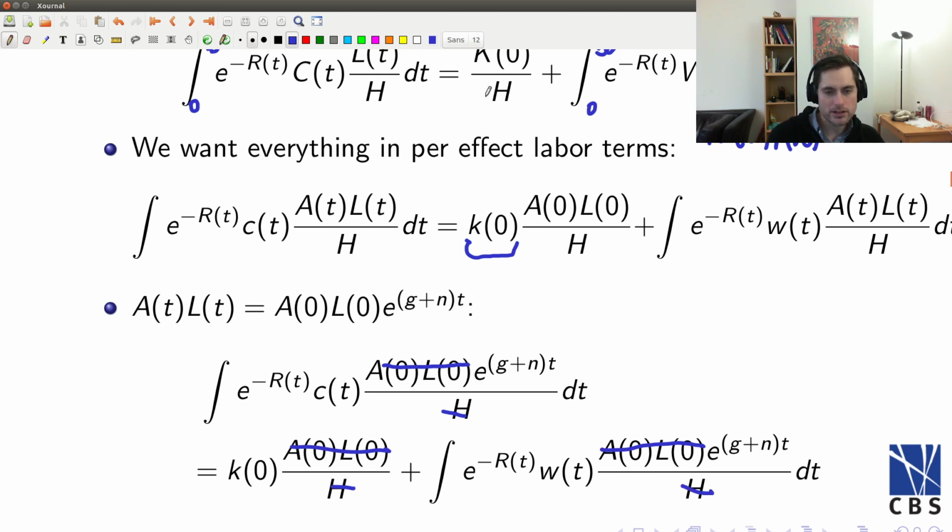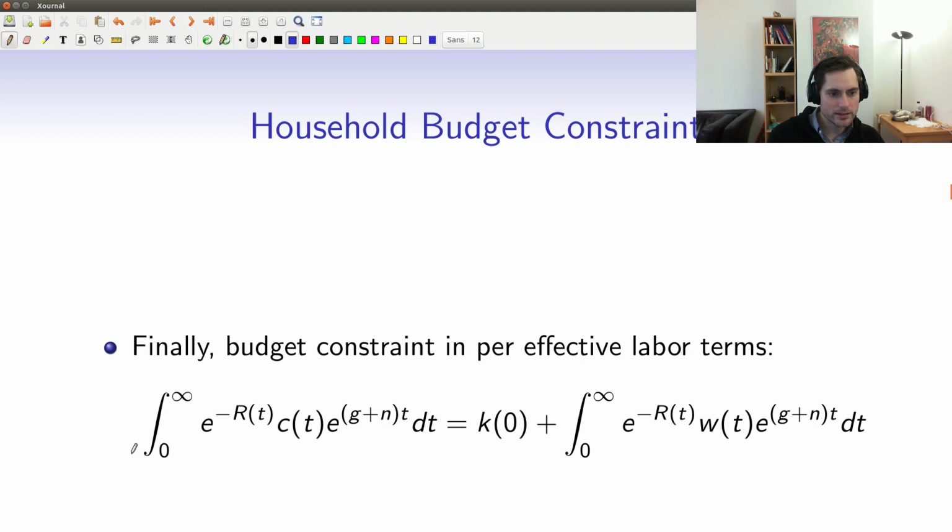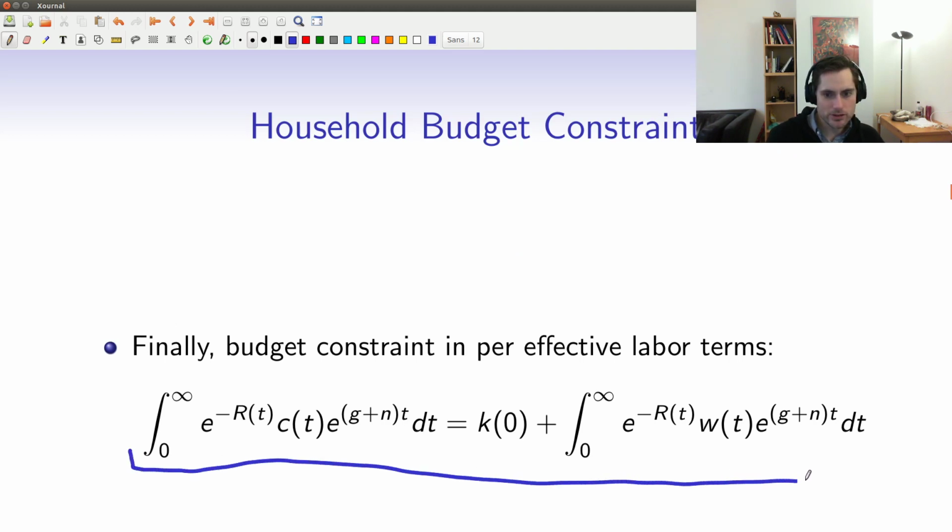It's just a constant. And that leads us to the next slide. If you just do that, then you're going to get this equation, which is our budget constraint, which is written in terms of everything per unit of human capital.